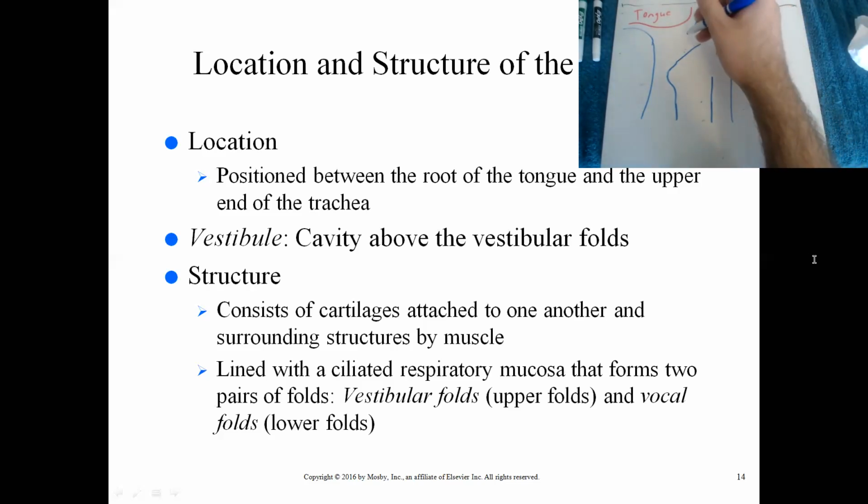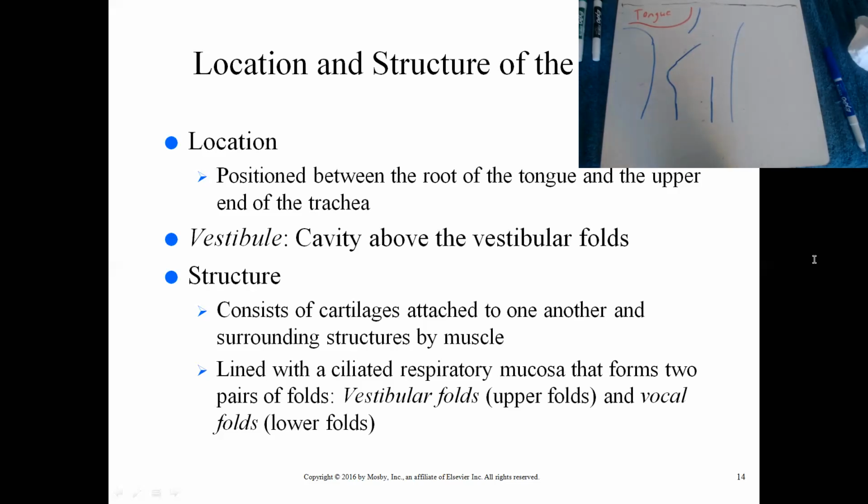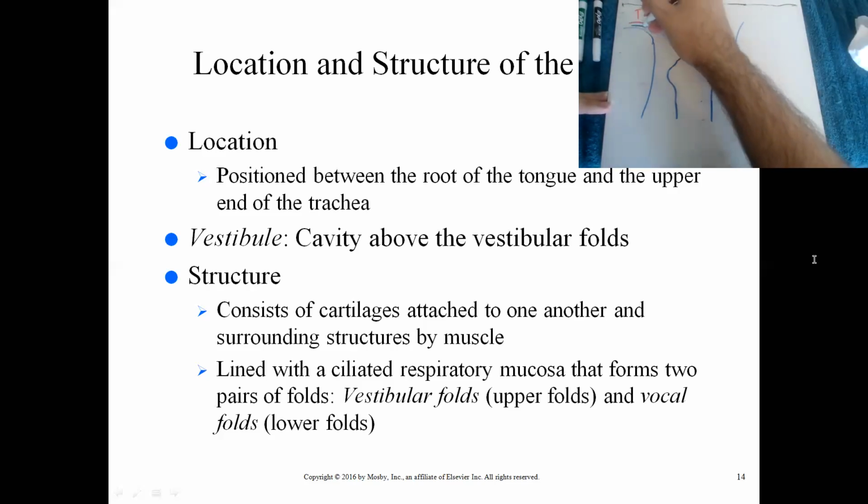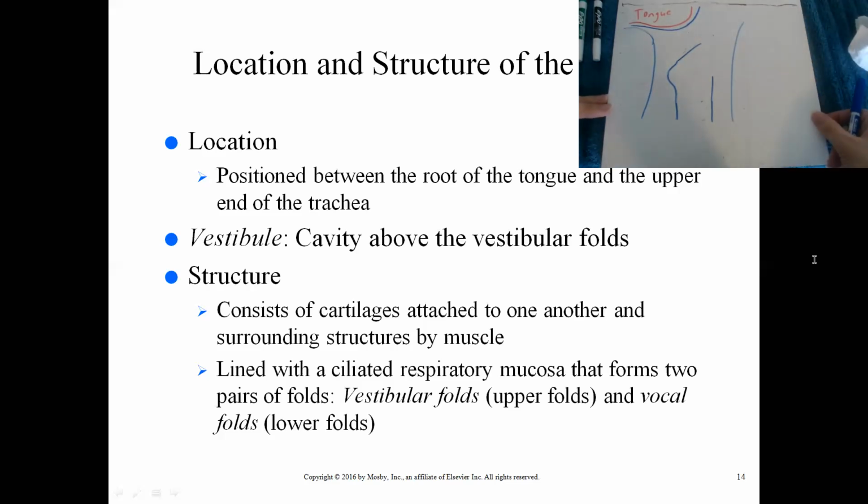Maybe I will just put a division like this. Okay. So in the neck, at the larynx, there's a side view. Larynx has a few parts to it.